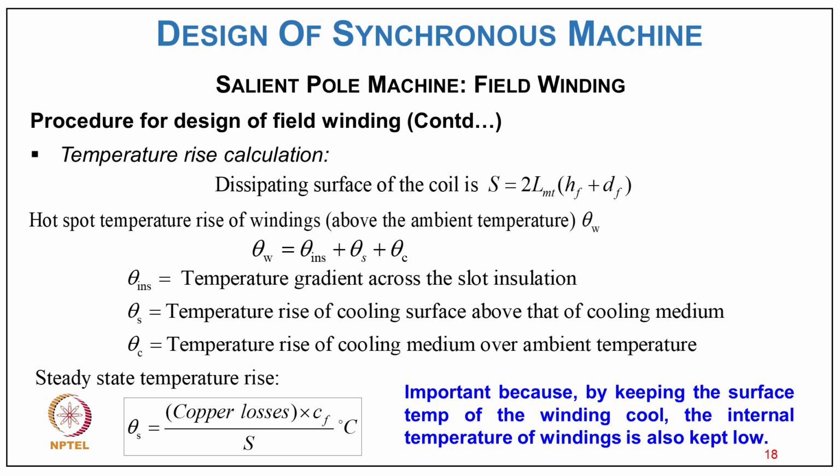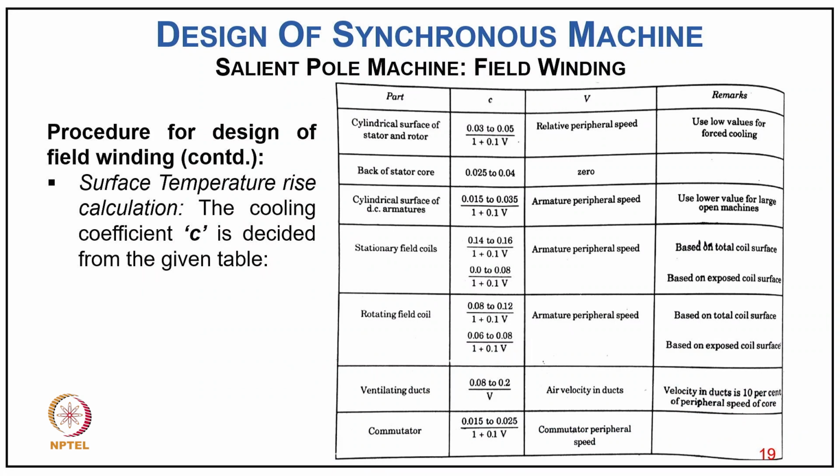This is important because by keeping the surface temperature and the winding temperature cool, the internal resistance of the winding is also kept low. So now typically here you can look at the surface temperature rise for calculation. The cooling coefficient C is decided from the given table, which is given for different kinds of surfaces.